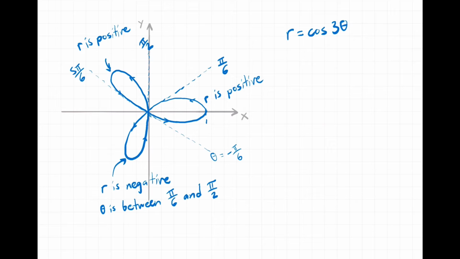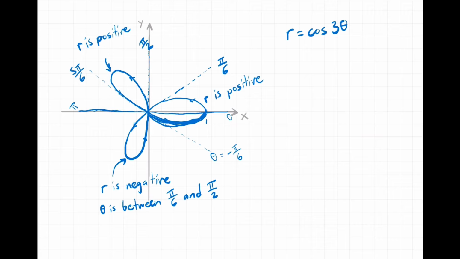Now, it actually turns out if you let your theta start here at 0 and go out to pi, you'll actually trace out this last chunk of the curve here, this part of the curve that lies in the 4th quadrant, with a negative value for r.